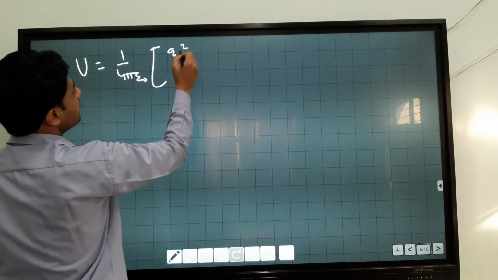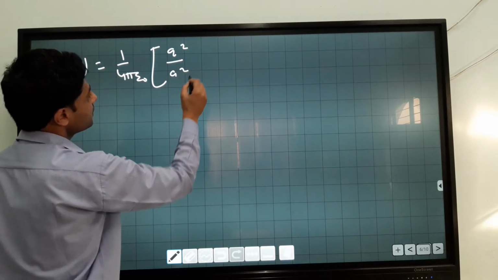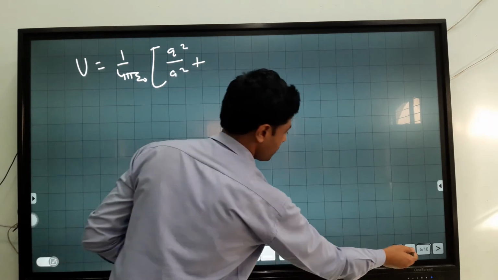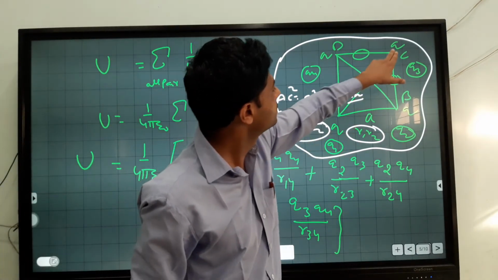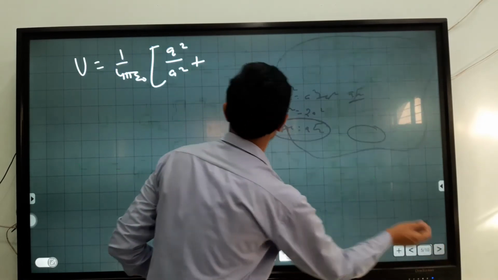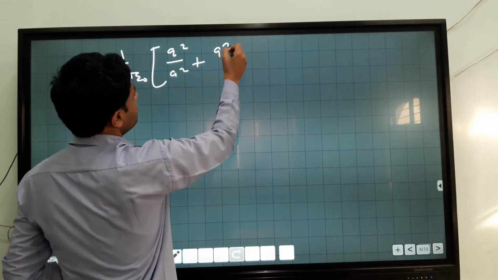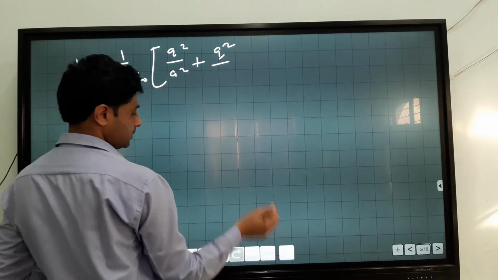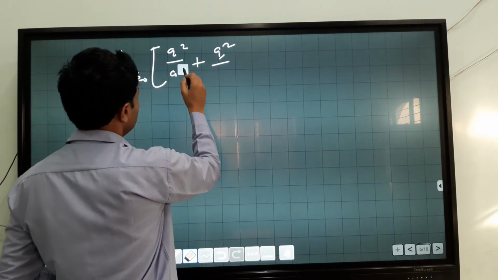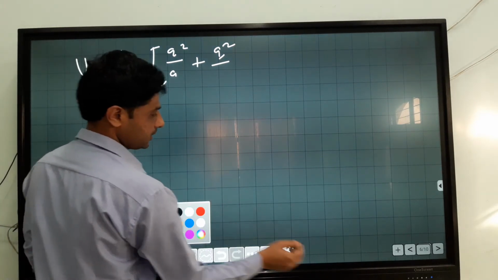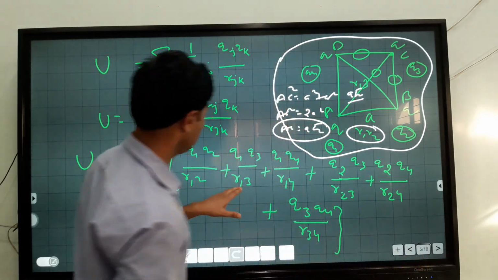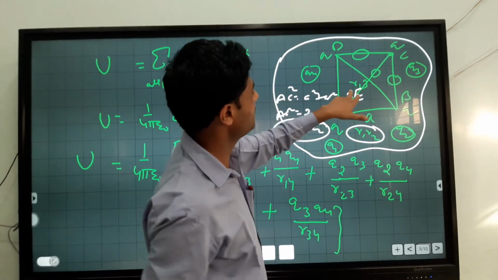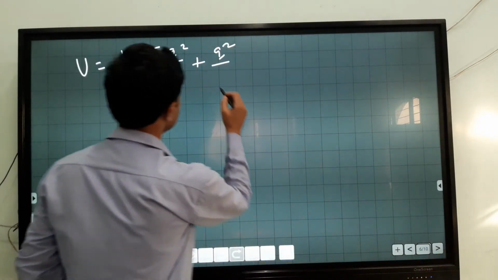So Q square upon A square, plus Q1 Q3, Q square, and now R1 3 is A root 2.